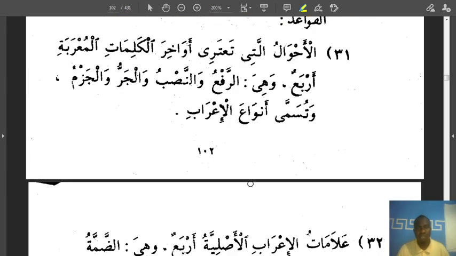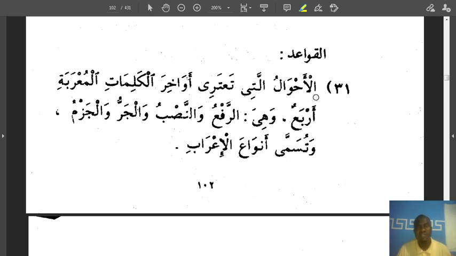Okay, let's get to the Qawaid. He says, الأحوال التي تعتري أواخر الكلمات المعربة 4. The case, when you hear أحوال also, we are talking about the harakat.